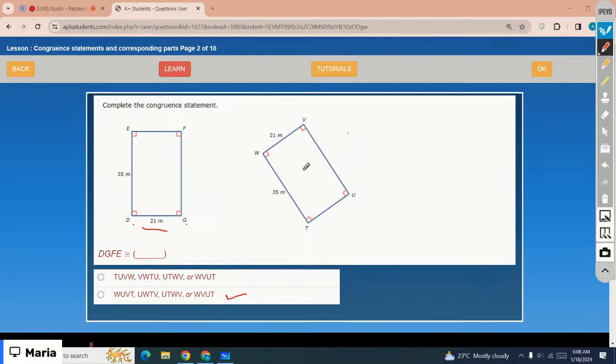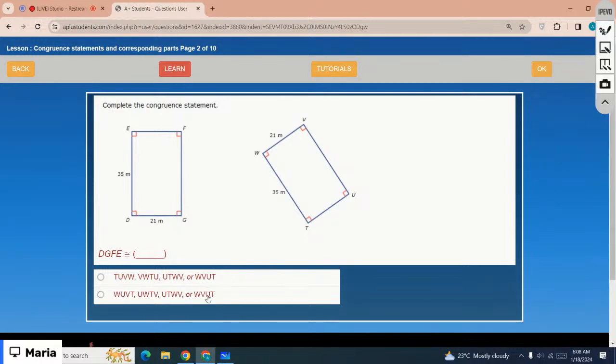Option number 2 is the correct option. Start with WVUT, then WUPT. Option number 2 is the correct option. DGFE is congruent to the second one, that is WVUT.